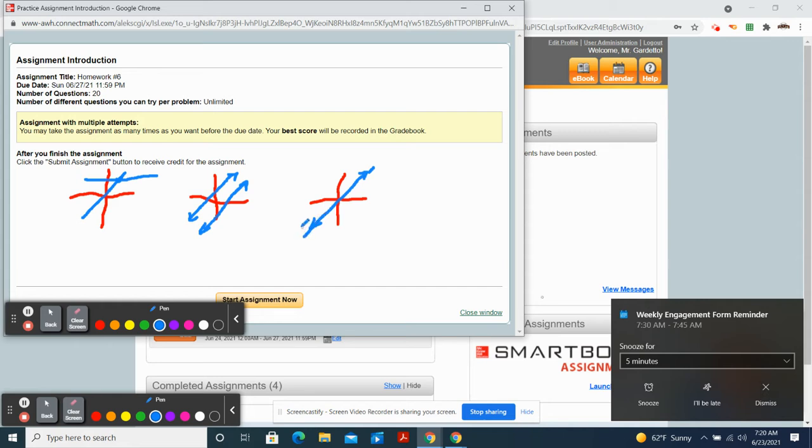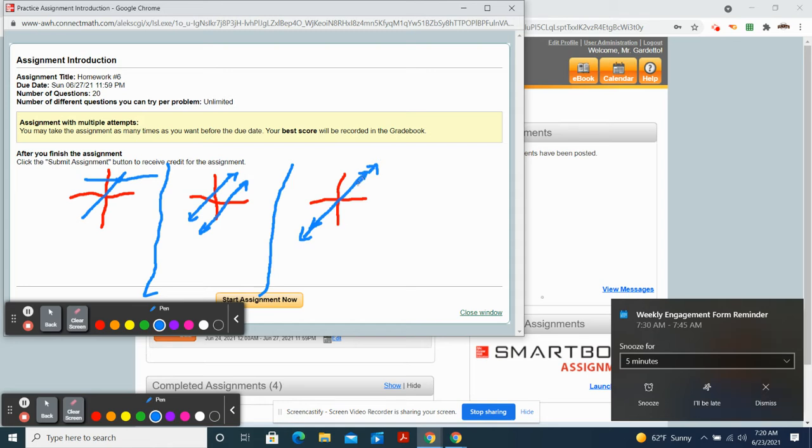So I'm going to put a double arrow right here. So there's three situations. They cross at one point. They never cross because they're parallel, or they cross everywhere on the line. So that'd be like they cross in an infinite number of points.